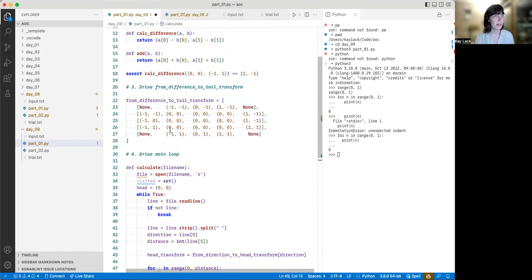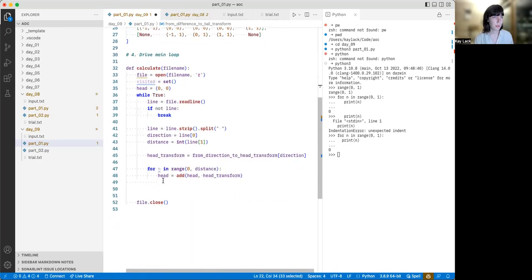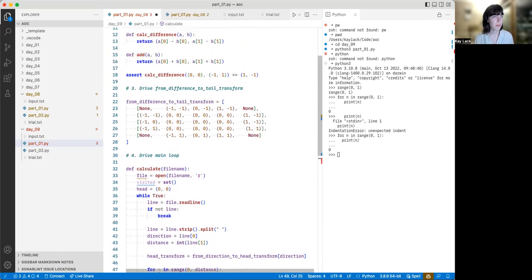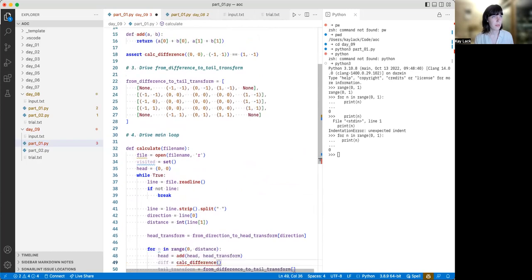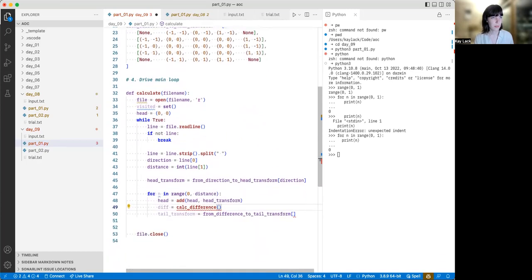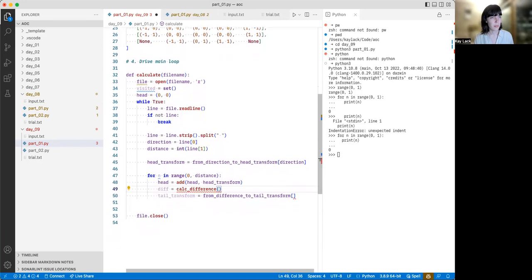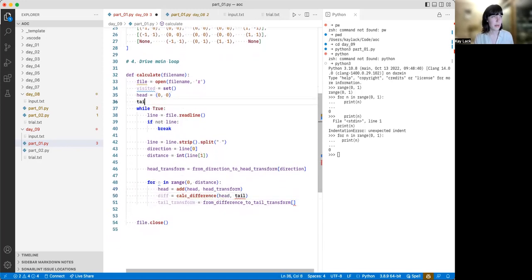Okay, and then tail also starts off this.